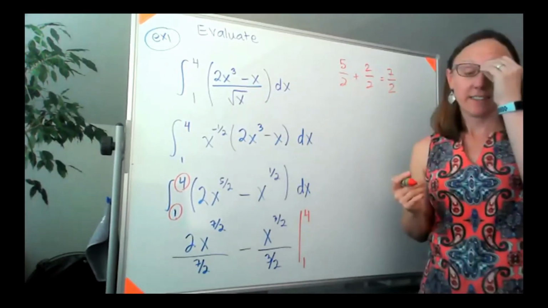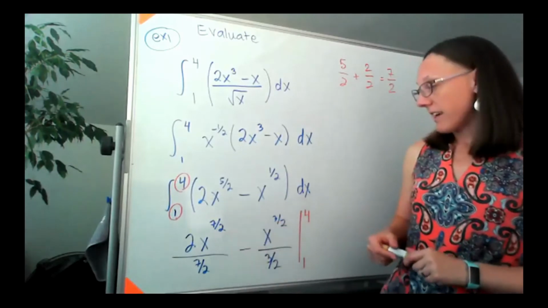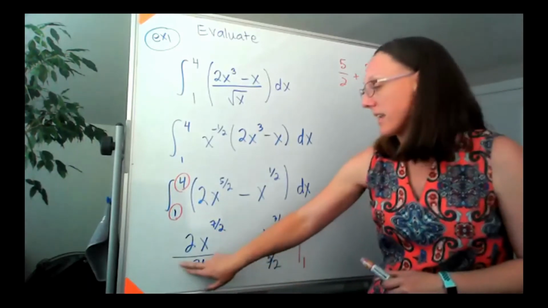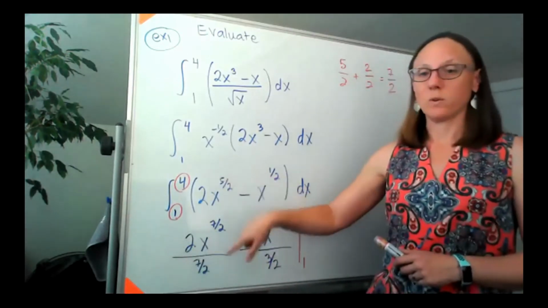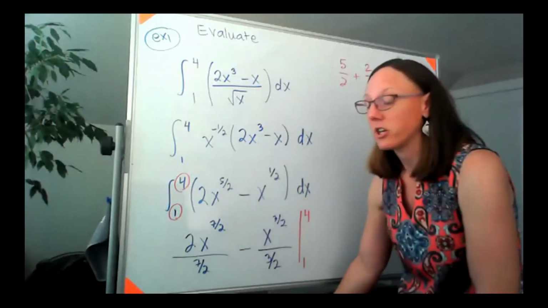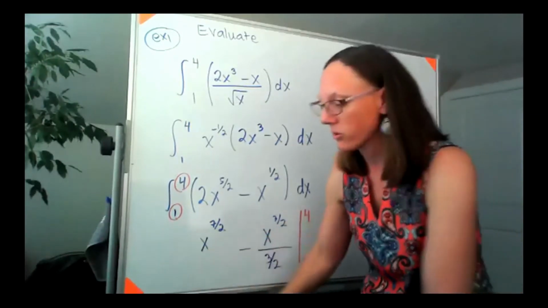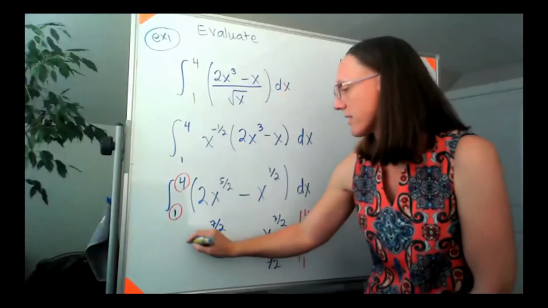And that's how I got that 7/2. So I've got 7/2 is the exponent. Dividing by 7/2 is the same as multiplying by 2/7, which is going to, by the magic of my eraser, turn this into 4/7.